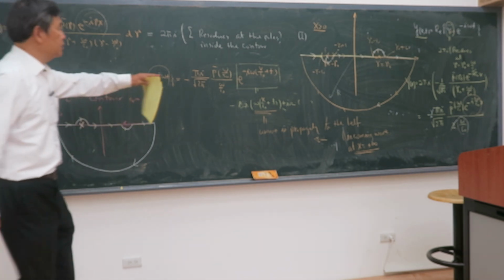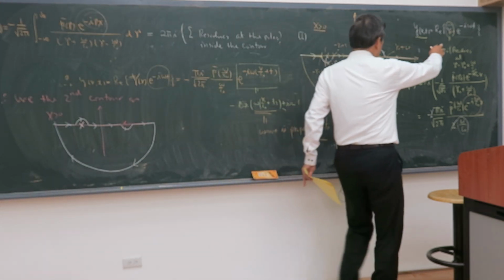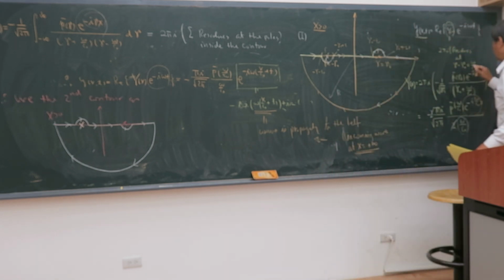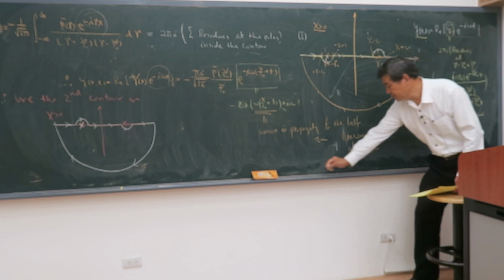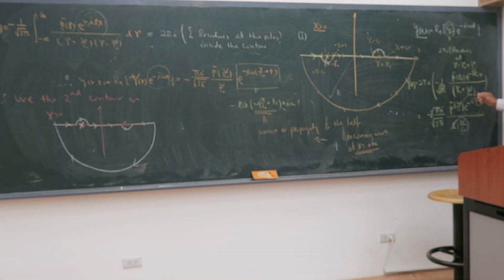So the residual will change to minus. Let's see. If I change the contour, then the residual will be 2 pi I, residual at this, minus.